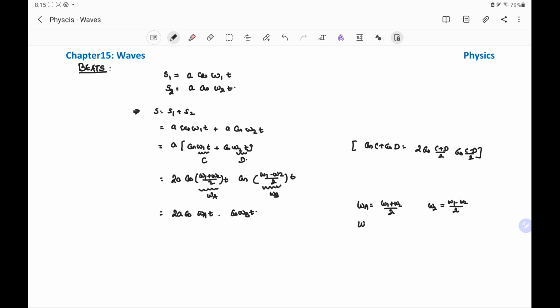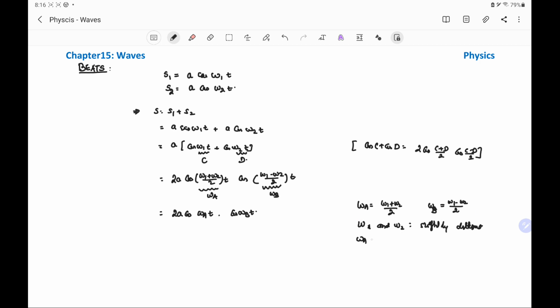We have already stated that omega 1 and omega 2 slightly differ. This means omega a, which is the sum of the frequencies, will be larger, and omega b, the difference of the two frequencies, will be smaller.